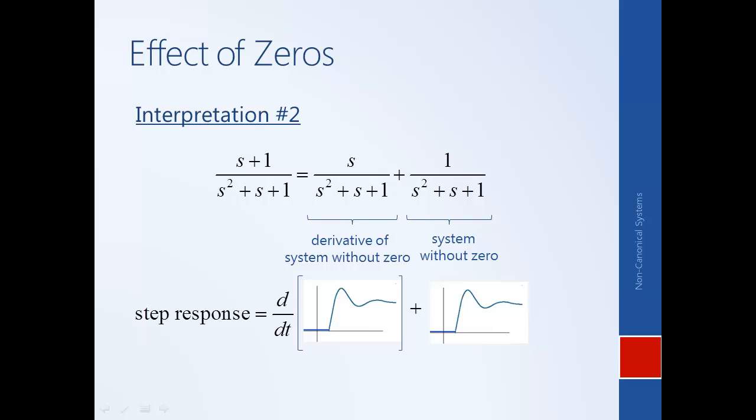An underdamped second order system appears something like this. If we're taking its derivative, a derivative graphically is the slope of the tangent at any given point.